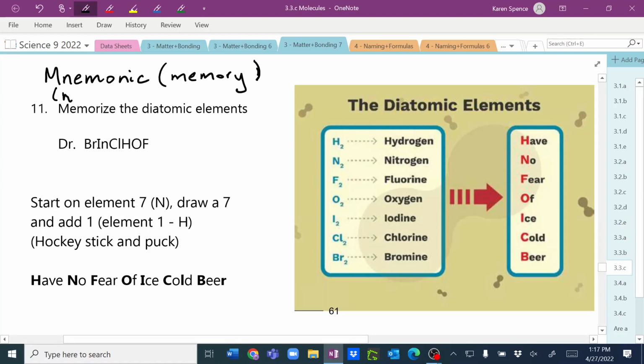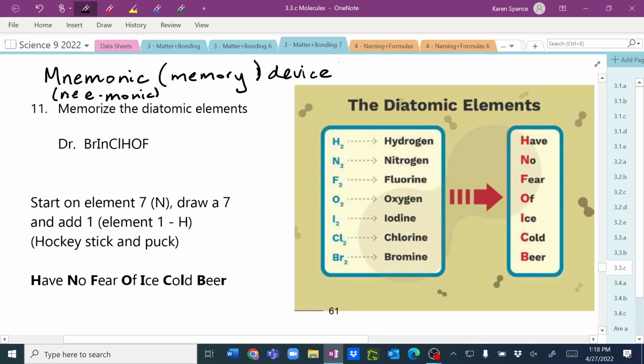And it's pronounced mnemonic. A mnemonic device helps you remember something. So you'll hear that from time to time.